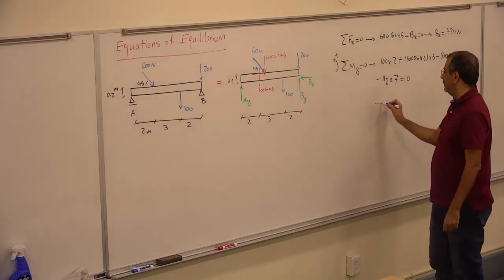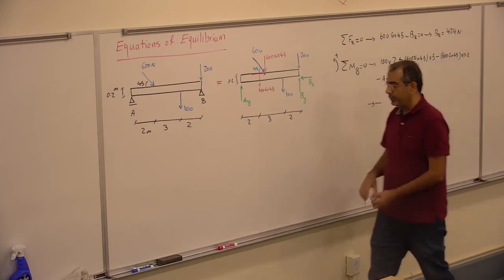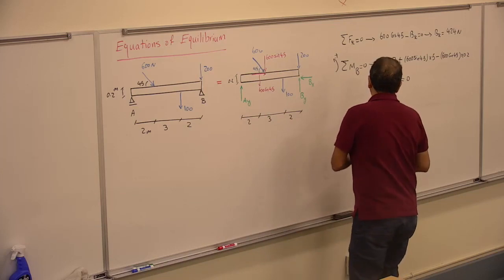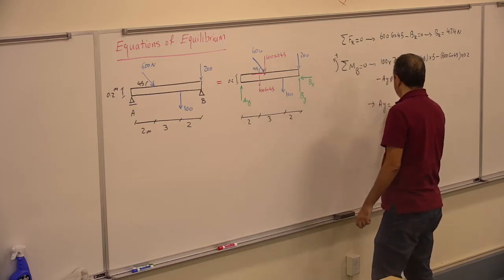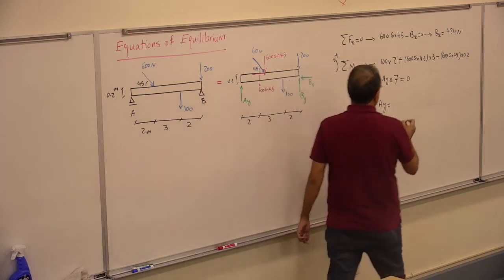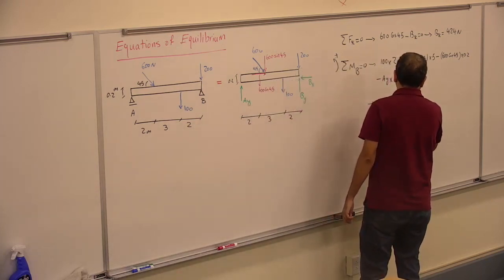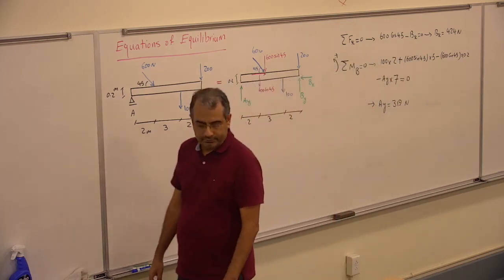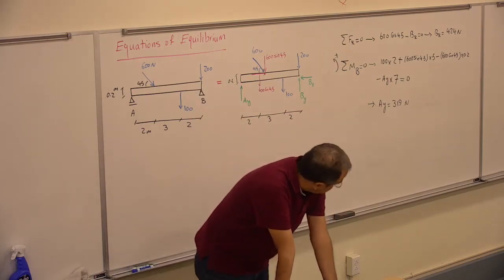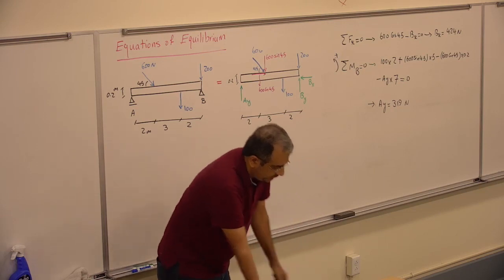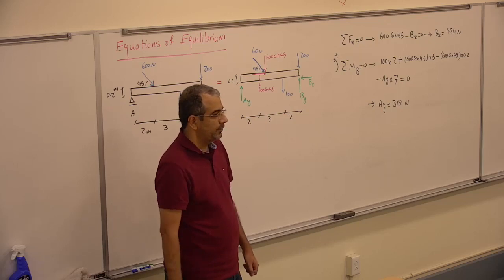So I can go ahead and say, okay, the AY would be, if I write the equation correctly, it should come out as 319 Newton. Right?